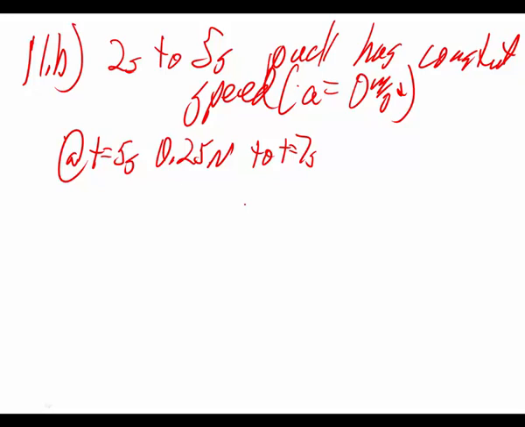All right, so what was the final speed at 2 seconds? Okay, 3.12 meters per second. Would it be right to say that the final velocity at 2 seconds would be equal to the initial velocity at 5 seconds?